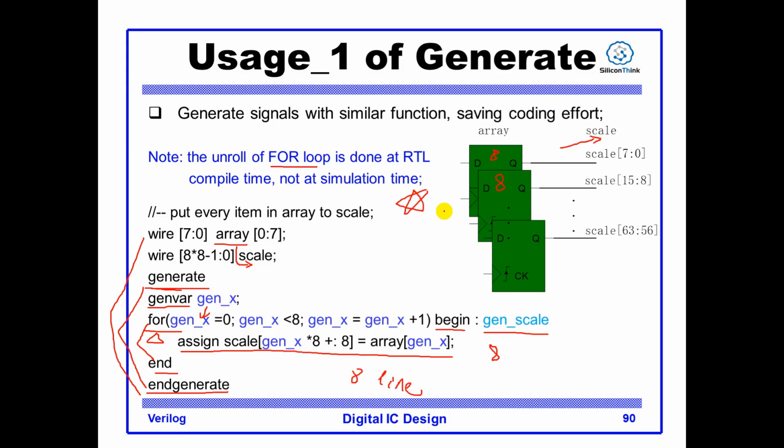So the usage of generate is usually to describe logic with similar function. You can just write several lines to replace the 8 lines with similar coding.